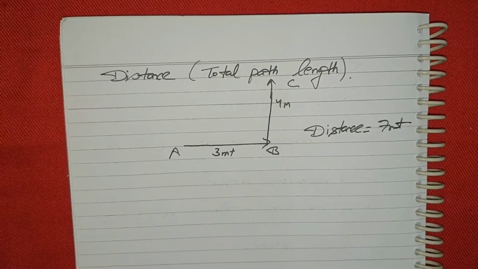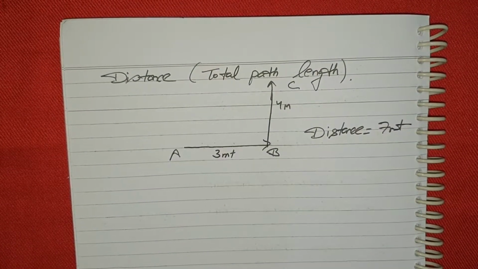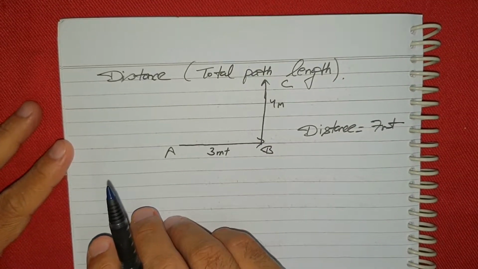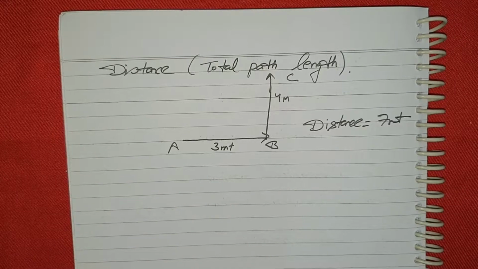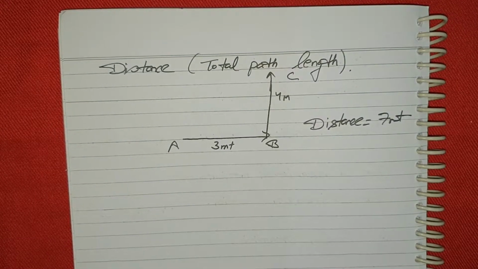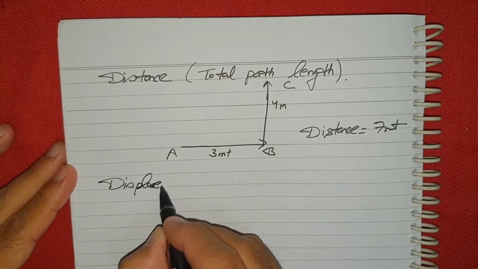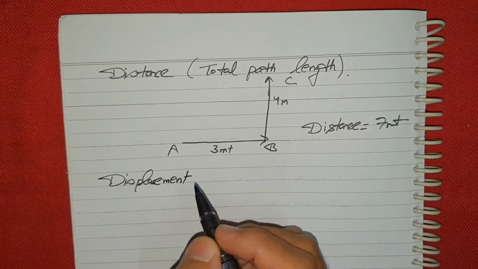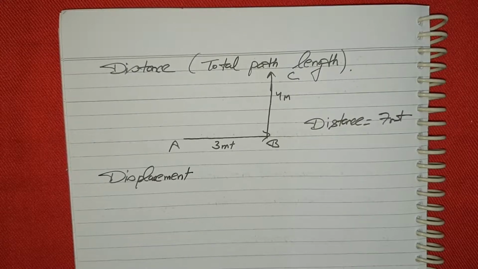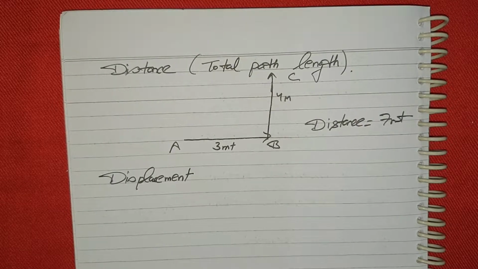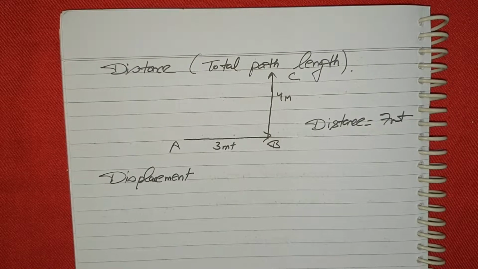Now, talking about the displacement. If we want to calculate the displacement of an object in a given interval of time, now write displacement. The displacement of an object in a given interval of time is defined as the shortest distance between the two positions of an object in a particular direction during the time, and is given by the vector drawn from the initial position to the final position.